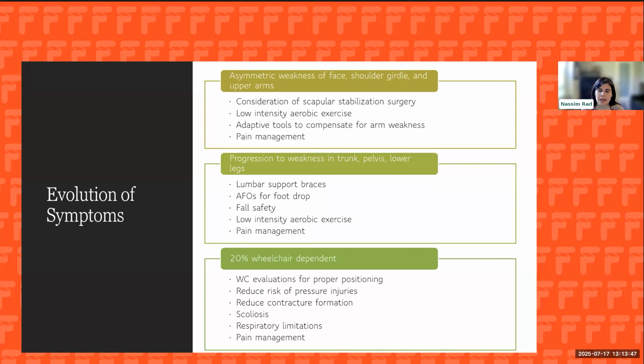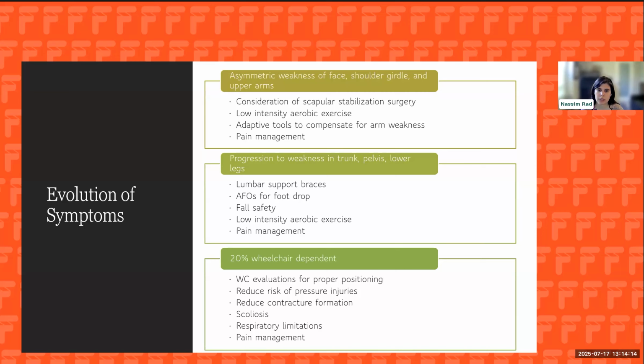As the disease evolves and progresses, we start noticing that this is when we can start developing weakness in our trunk, our pelvis, and our lower legs. So now we're starting to think about lumbar supportive braces. This is different than what we think about in a patient without muscular dystrophy. A lot of patients are told, we don't want to brace because we don't want you losing muscle. And it's true.